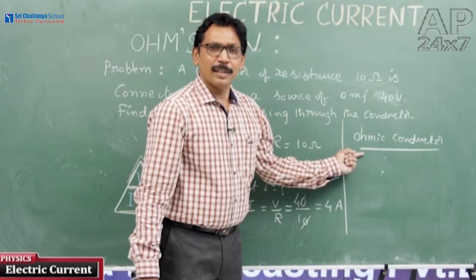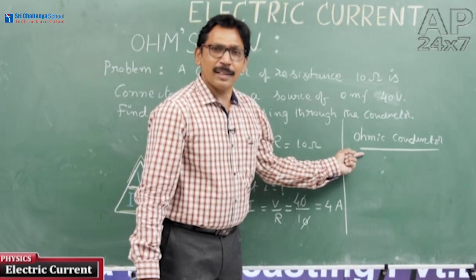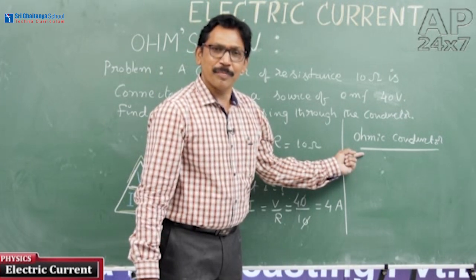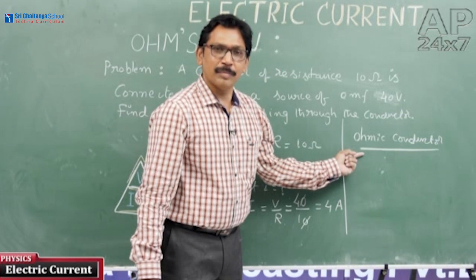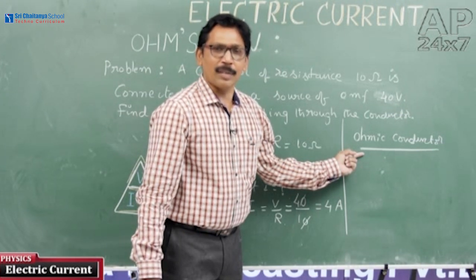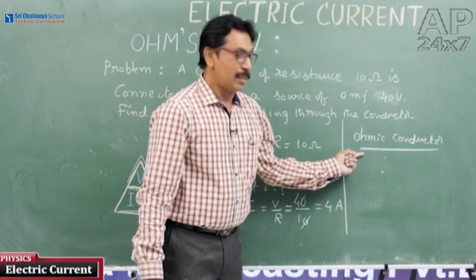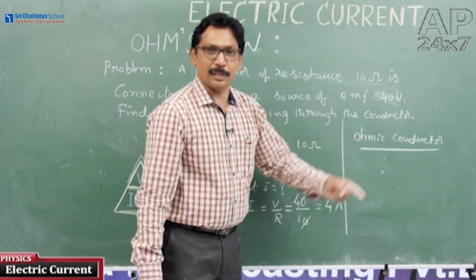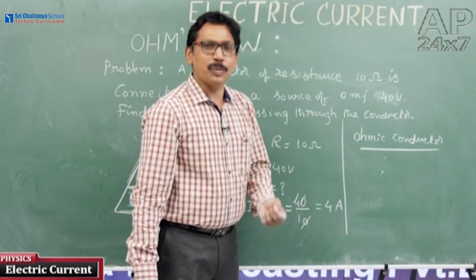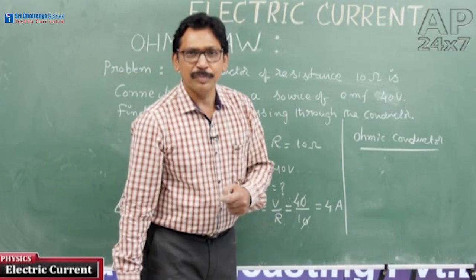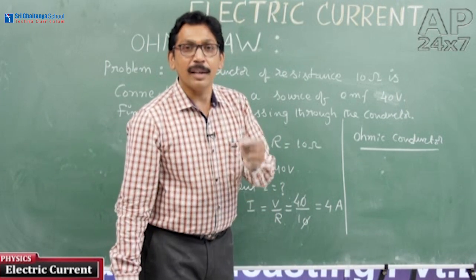Usually conductors like silver, iron, copper, etc. are ohmic conductors.